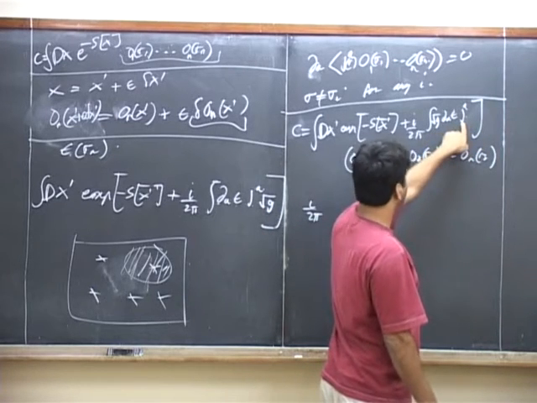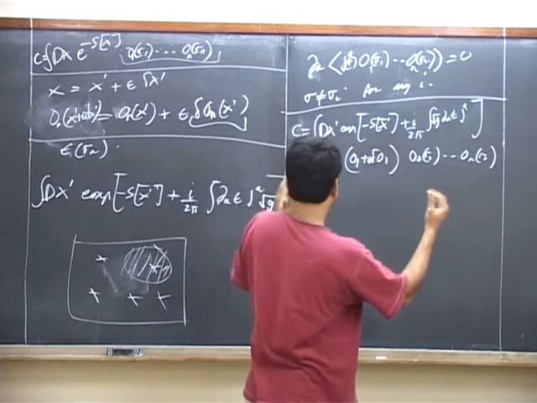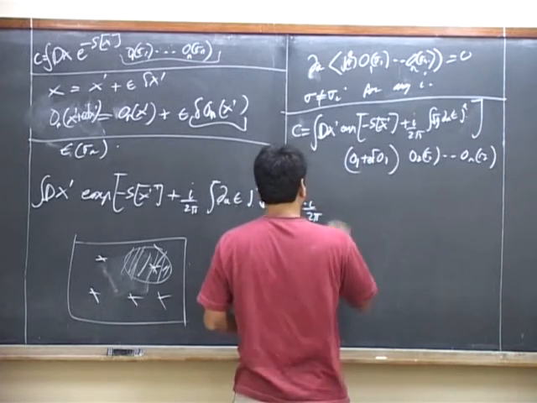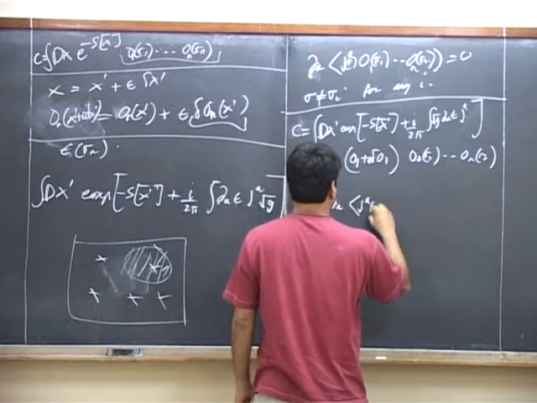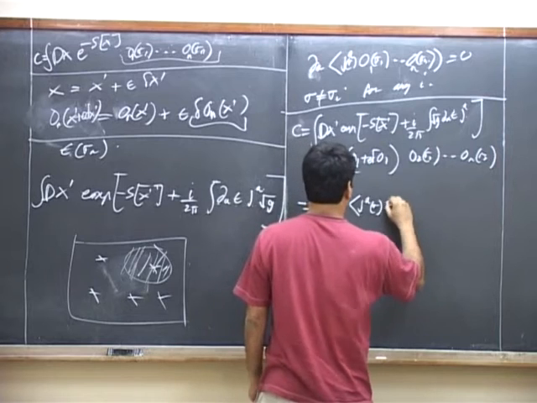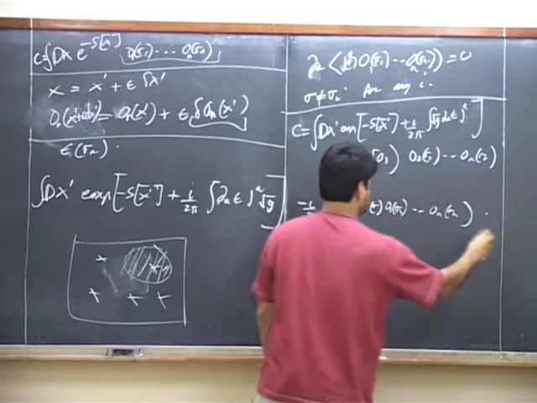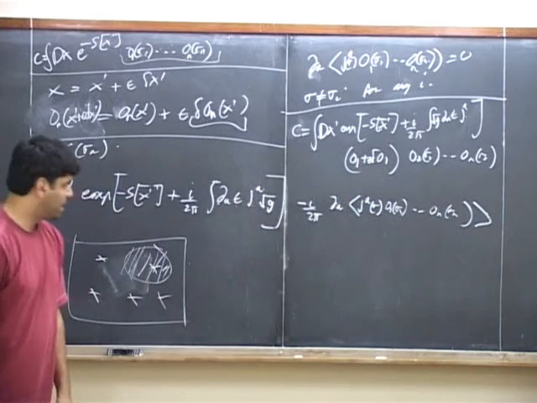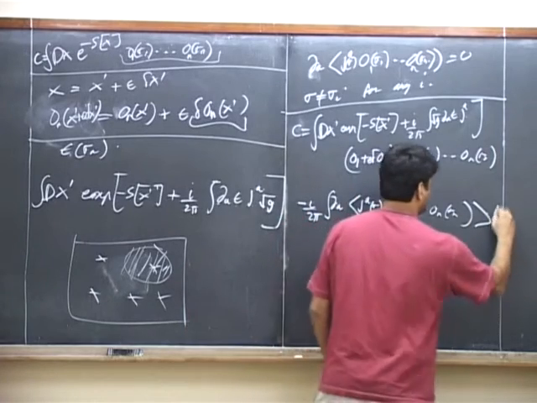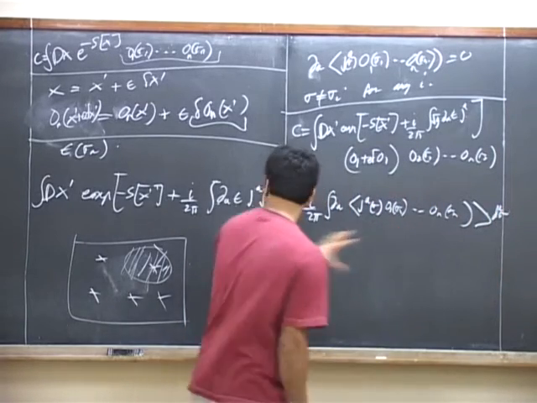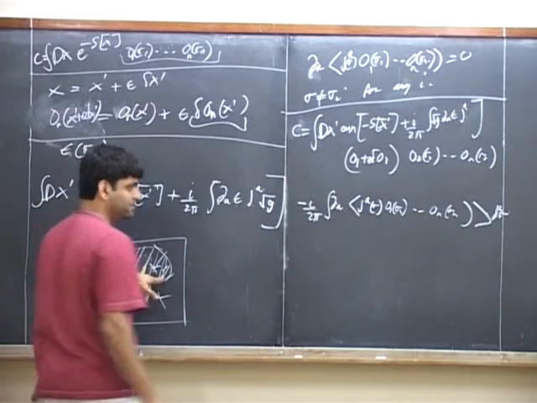So this derivative goes and hits this J. Minus i by 2 del A of the integral of JA of sigma O1 of sigma 1 through On of sigma n, and this is integrated over sigma, and this whole integral is only over this region where epsilon was not 0.